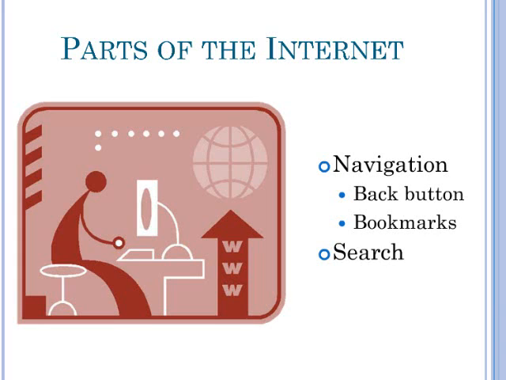Ever done a search on the Internet? If you have, you probably did that by using what's called a search engine. One of the many great things about the web is that you can search for information because there's so much out there. Let's say you want a recipe for asparagus chicken. By going to www.google.com, you can type in asparagus chicken, click search, and you'll get a list of Internet websites that have asparagus chicken recipes.